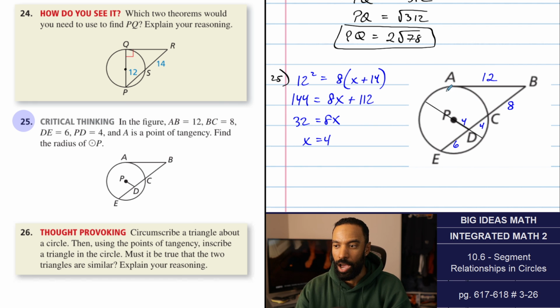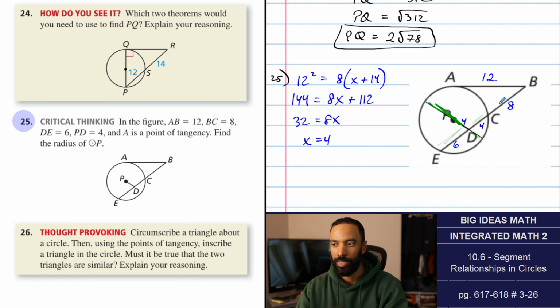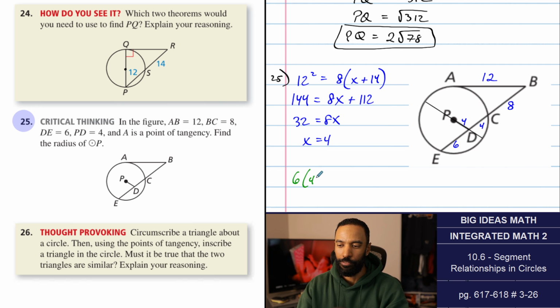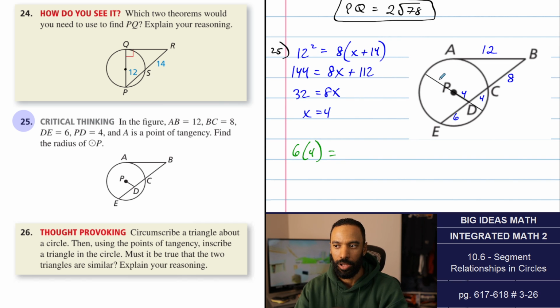So what we're doing now is something like this times this equals this times this. Now the easy this times this I can talk about is 6 times 4, right? So 6 times 4, these are the segments of the chords, equals, now I have to do this times this. Keep in mind, I'm trying to find the radius. I can just call it r. So let's call this here r. That's this length here.